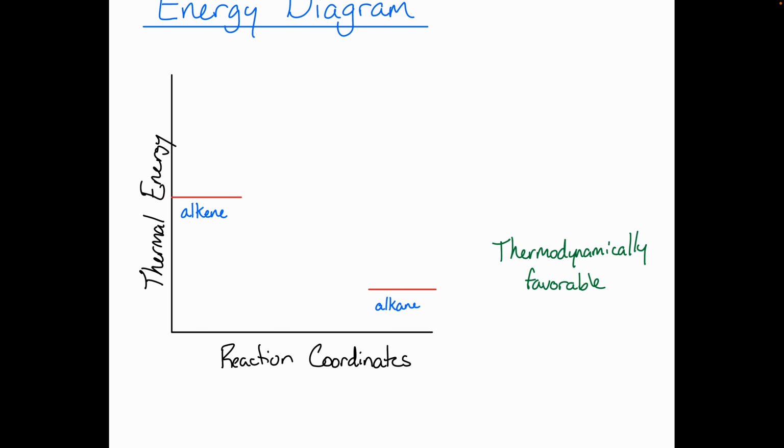So if I look here at this energy level of where I'm starting with my alkene and then where I'm ending with my alkane, the difference here is the delta H of this reaction. And again, this reaction is releasing energy, so it's thermodynamically favorable.